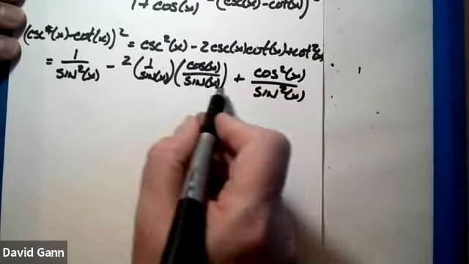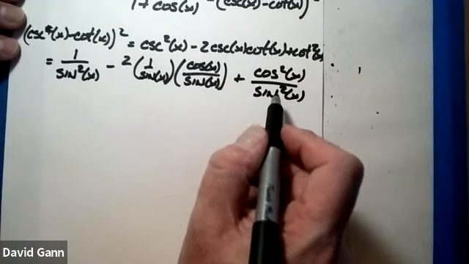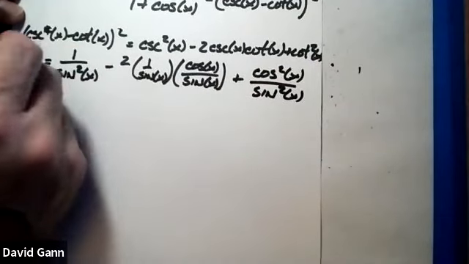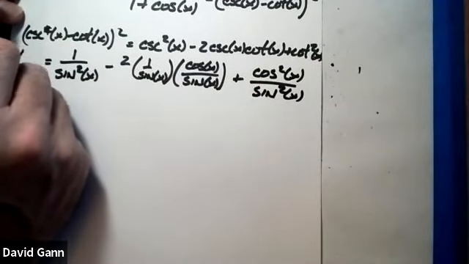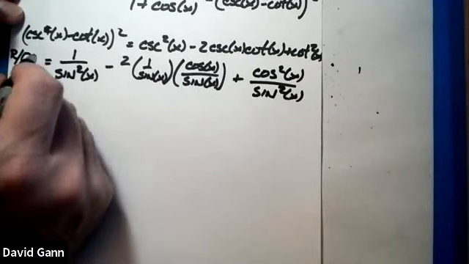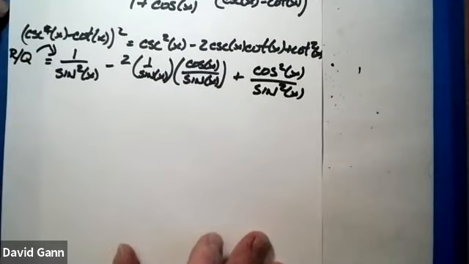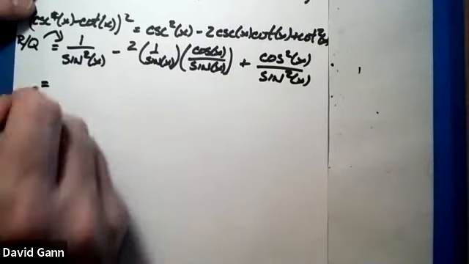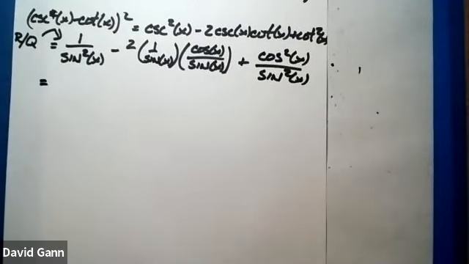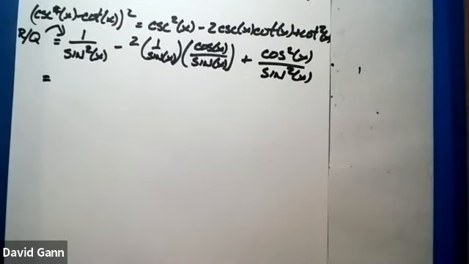And notice every one of these terms has a sine squared in the denominator. Now, I kind of run out of space here, but this is both the reciprocal and quotient identities, my rationale for this. Okay?